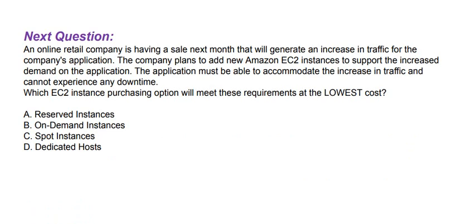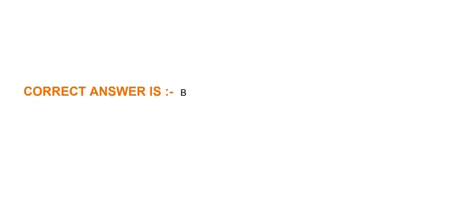Which EC2 instance purchasing option will meet these requirements at the lowest cost? Option A. Reserved instances. Option B. On-demand instances. Option C. Spot instances. And option D. Dedicated hosts. The correct answer is option B.